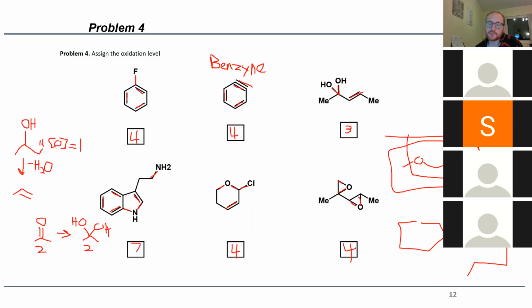And someone says in lecture, Felix mentioned that methyl propionate, which is the methyl ester, is oxidation level of 3. You would, of course, then be counting it like this. Once again, this is mostly semantic.